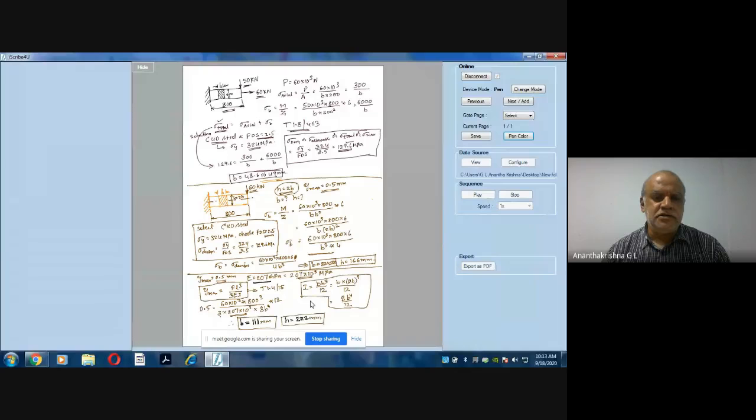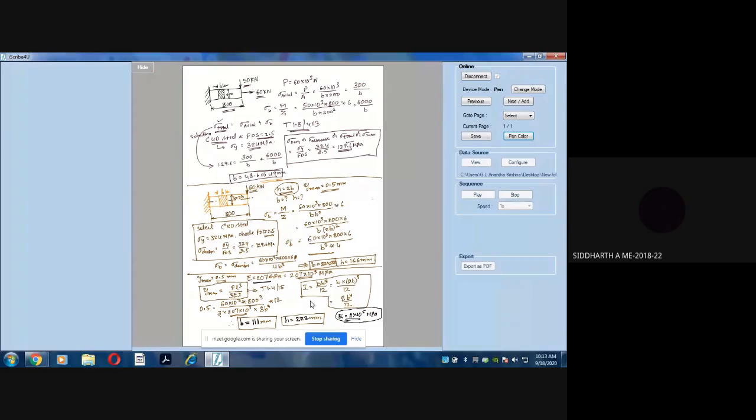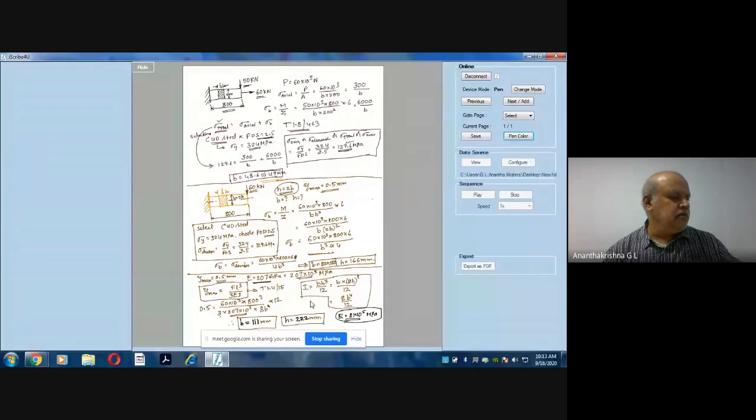For all the steels, we can take it as 2 into 10 power 5 megapascal. If not given, we can always take it as 2 into 10 power 5 megapascal. Okay? It is given in one place. I'll just let you know.